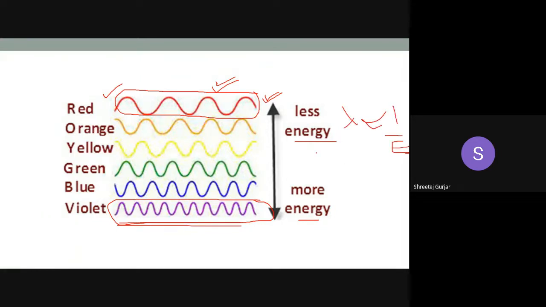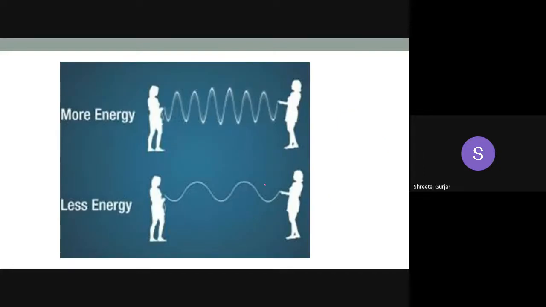Coming to the next thing: why does this larger wavelength require lesser energy, and this smaller wavelength require higher energy? Because here you can see, if you want to create a larger wavelength, you require lesser energy. You do not require more energy to create such large waves.